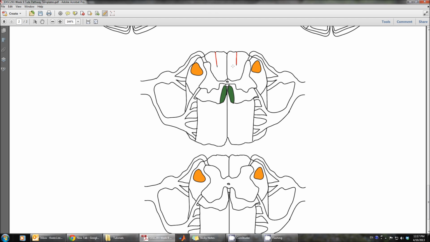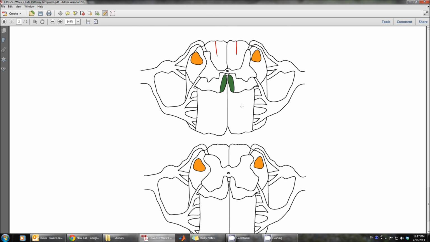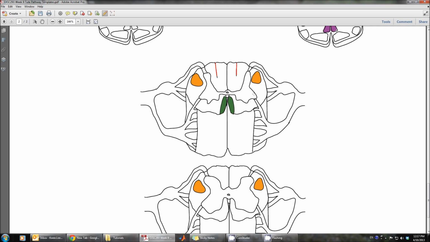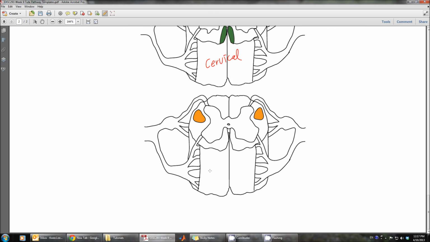If you look at the bottom spinal cord, you don't find the septum, which means it's all about the lower body. So you can safely say this one is the spinal cord for the cervical level, and the bottom spinal cord is the template for the lumbar spinal cord.